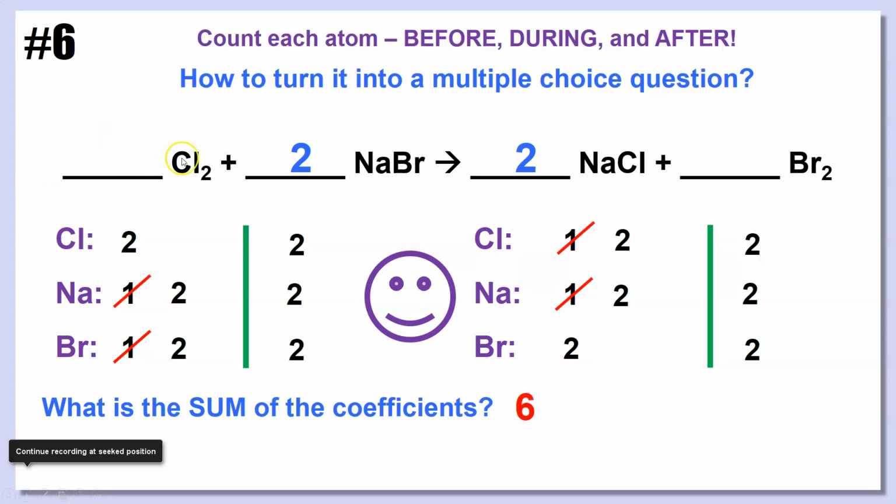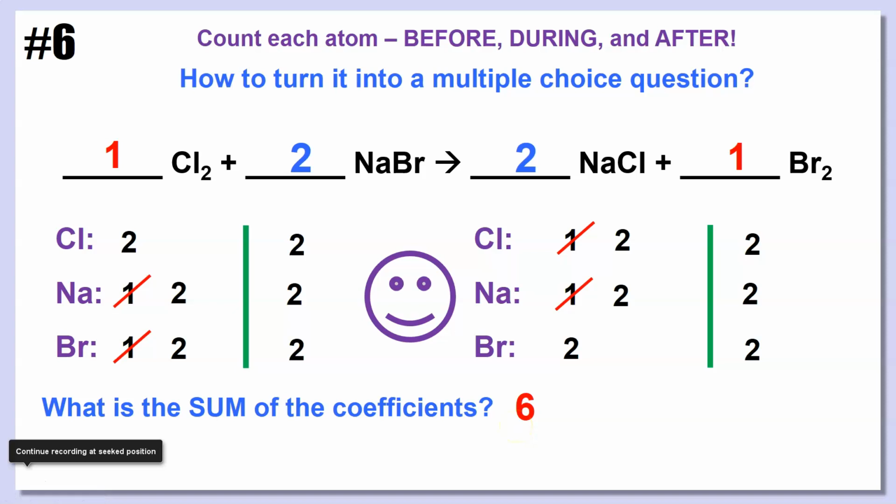like there's nothing here, there's actually a 1 here. Just like in math class, when it's 1x and you don't put the 1, it's not that the 1 isn't actually there, it's just that we're being lazy and we're not putting it. So yes, there is a 1 here. Same with over here. So when I add up 1 plus 2 plus 2 plus 1, I get a sum of 6.